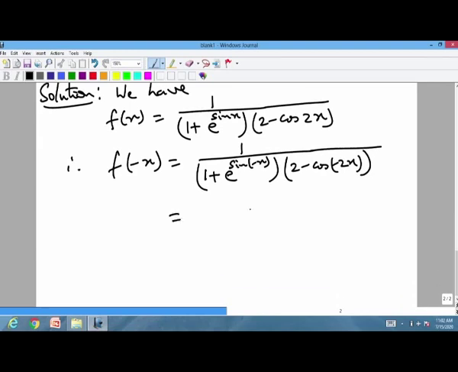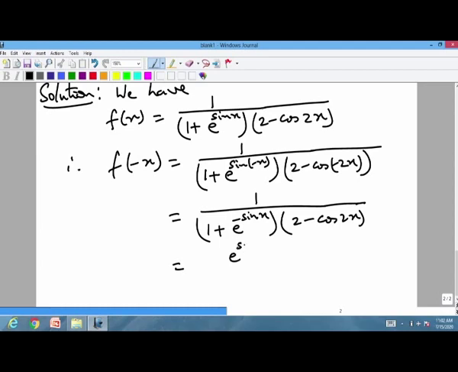Now, sin of minus x is minus sin of x. So, this will be equal to 1 over 1 plus e to the power minus sin x, and cos is an even function. So, this is same as 2 minus cos 2x. This can be simplified as e to the power sin x divided by 1 plus e to the sin x times 2 minus cos 2x.